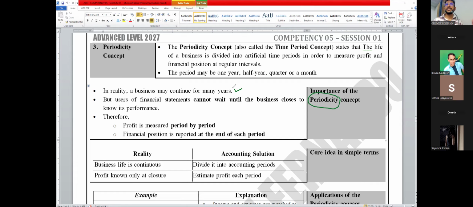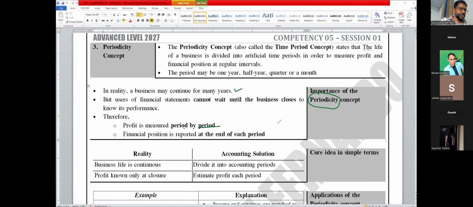That is their wish to continue the business. But users of financial statements cannot wait until the business closes to know the performance. Even if you are the owner, can you wait until the business is closed to get the results? No. Then what is it? We have to measure the profit period by period.